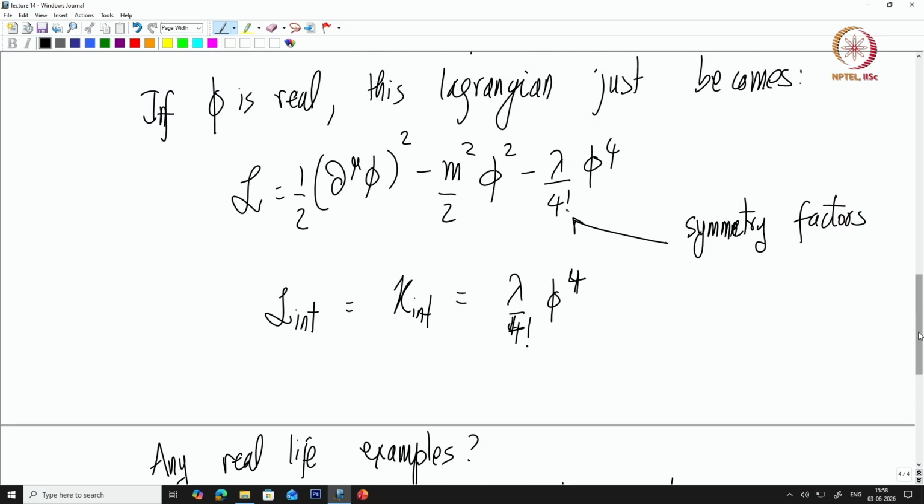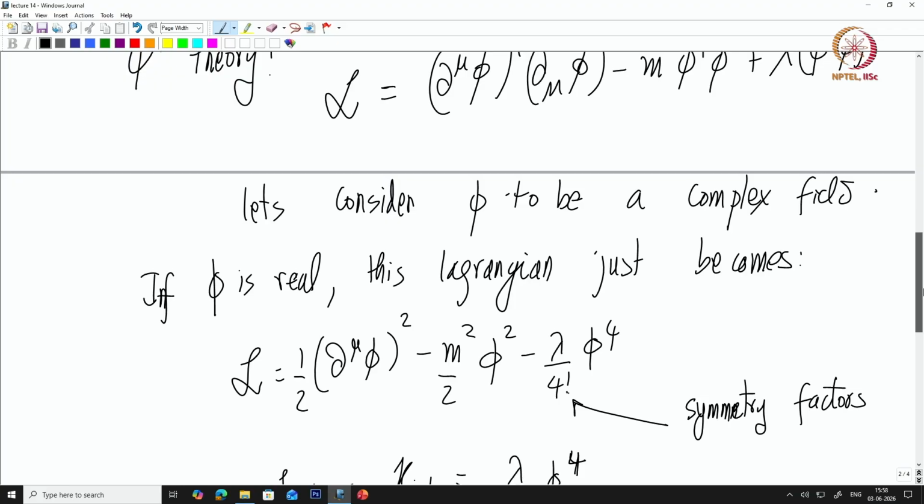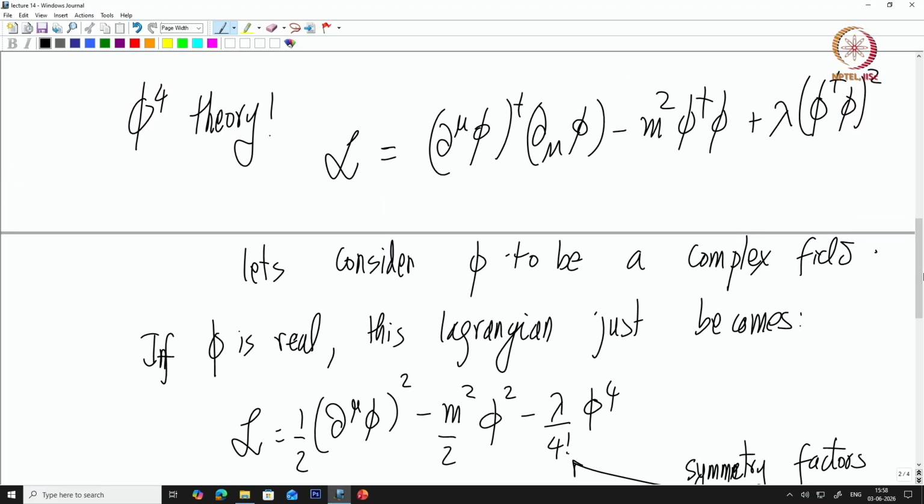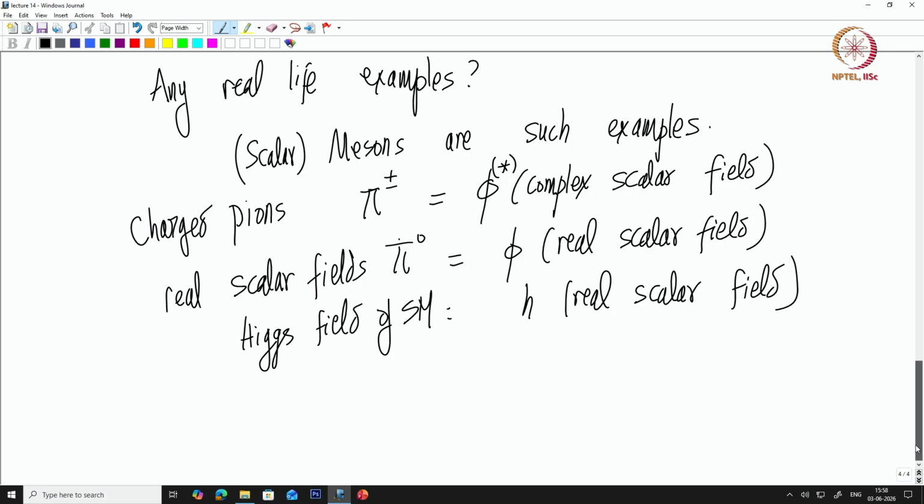In fact, it has more than that, but let us say that it has self interactions of this type. Now, a particle can have many interactions simultaneously. Say for example, charged pions could have self interactions and electromagnetic interactions, and a real scalar field could have self interactions or many other interactions.